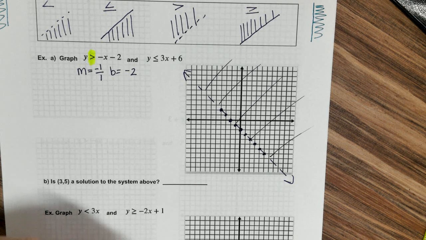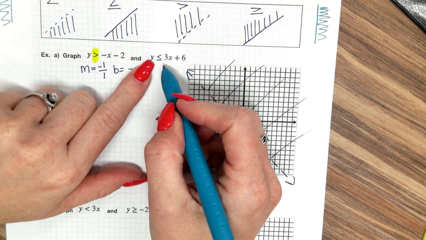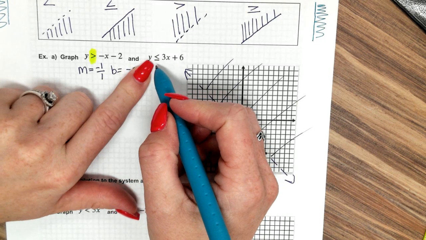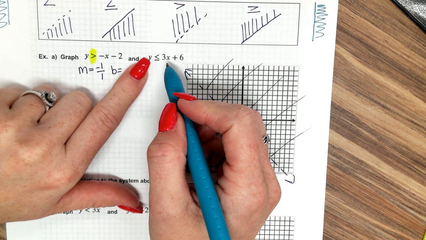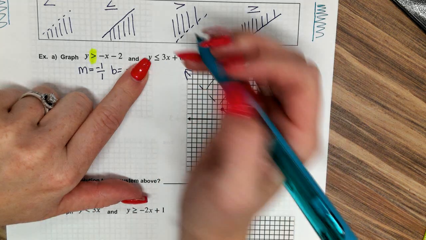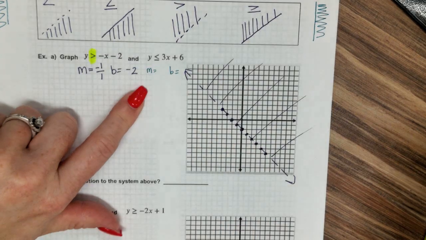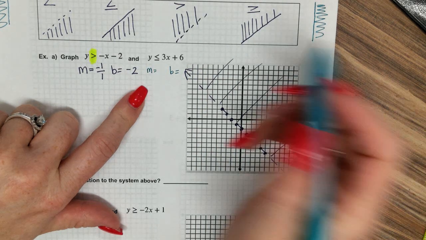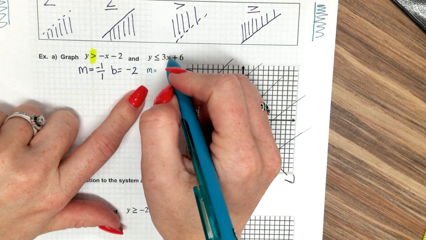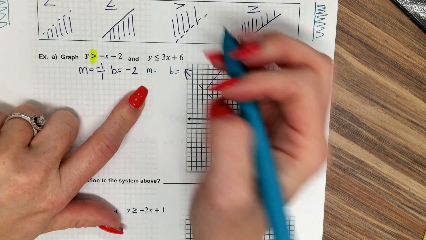Now we're going to go graph this inequality. Is it in y equals mx plus b form? Yes. So I need an m and a b. Or I can just use my y equals button and go to second graph. What is the y-intercept? 6.